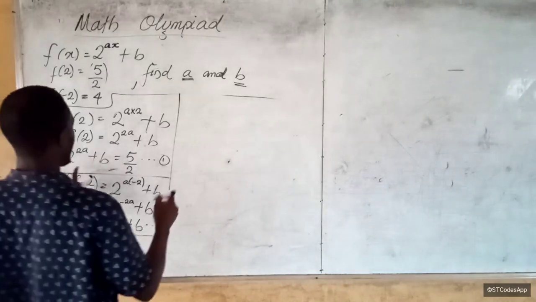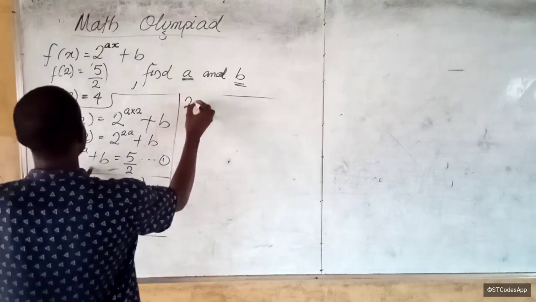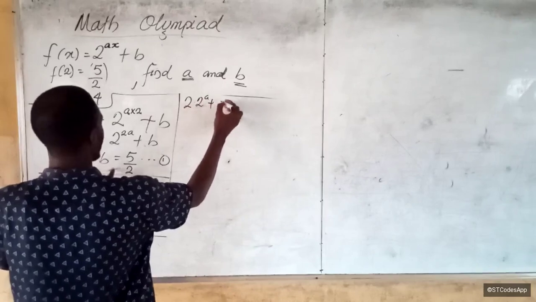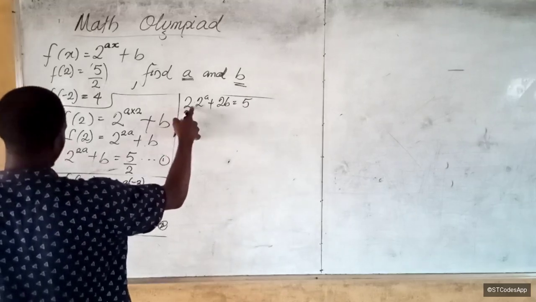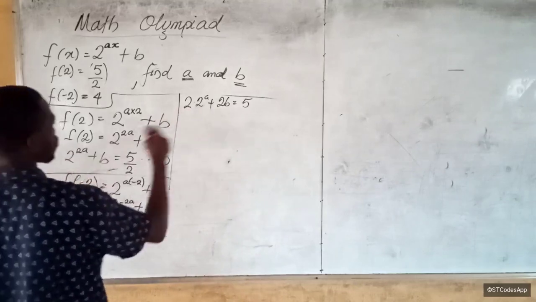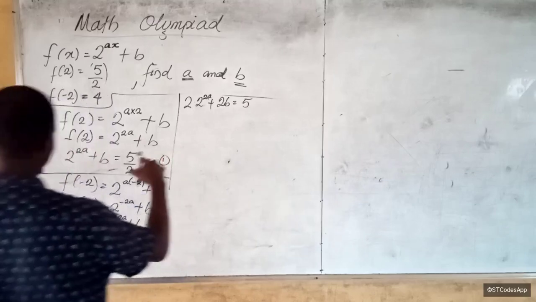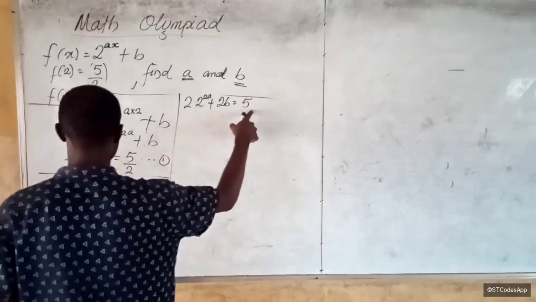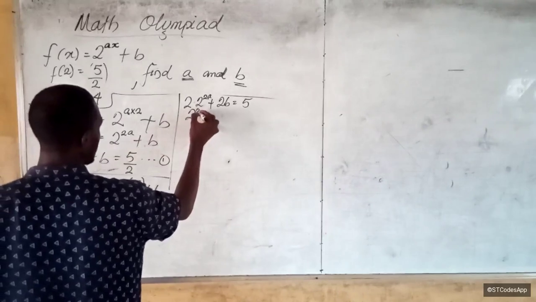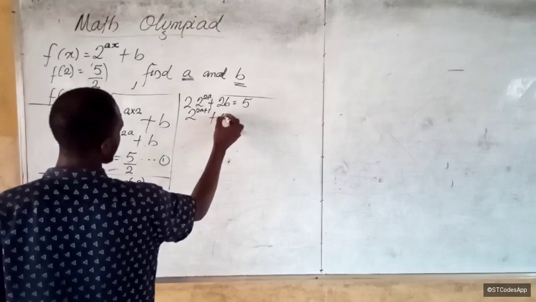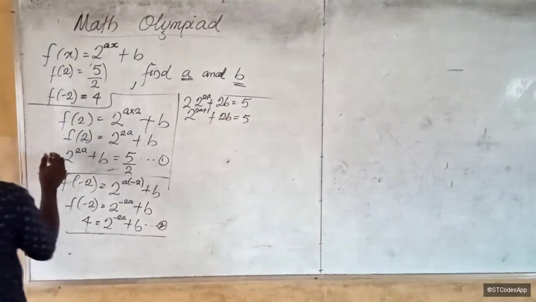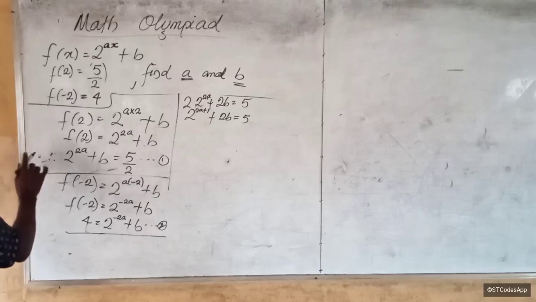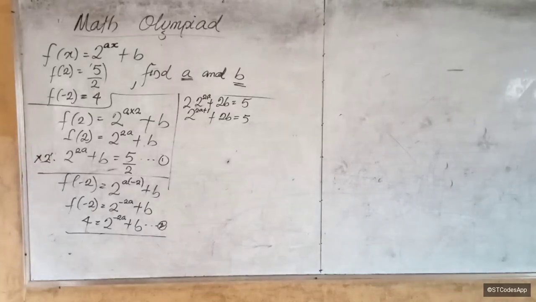If we multiply through by 2 in equation 1, we'll have 2 times 2 raised to the power 2a plus b, so we have 2 raised to the power 2a plus 1 plus 2b is equal to 5 when we multiply through by 2.